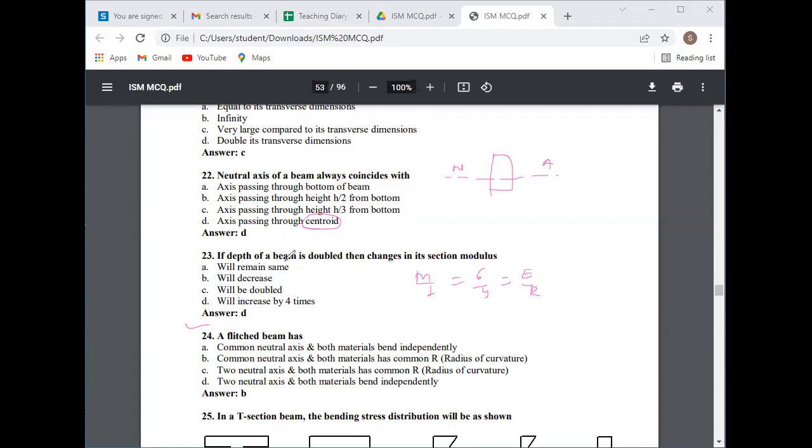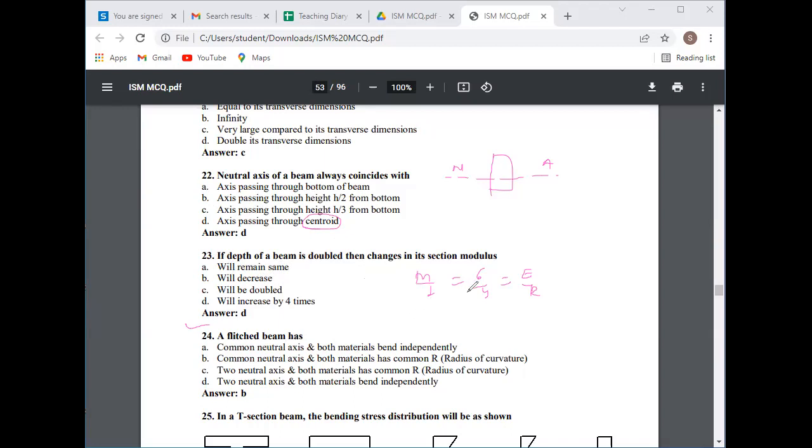Here next is, if depth of beam is double. Yes, always. Y bar we are calculating for an unsymmetric section. If the depth of a beam is double, then what changes in its section modulus? Questions like this can also be asked. If the depth of the beam is double, then what changes in its section modulus?